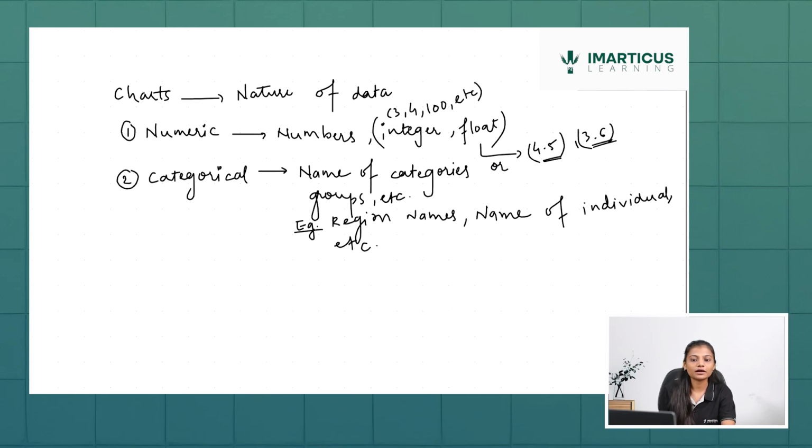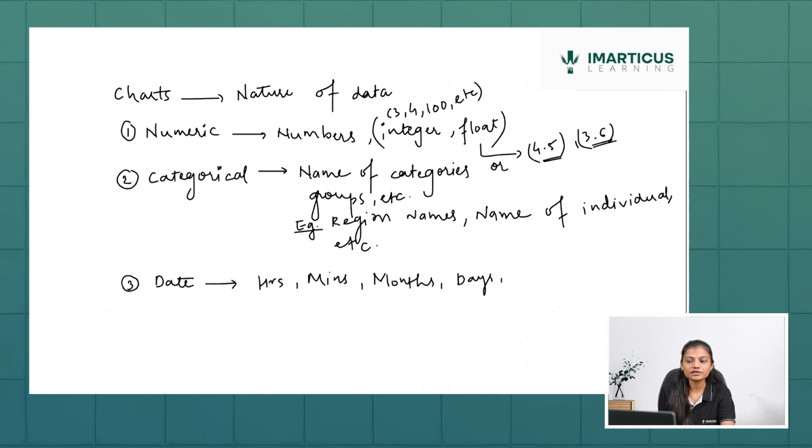And the third part would be that we have date related data. Now, date related data means the trends which are happening over a period of time. So date related data could be in hours, it could be minutes. It's not very frequent that you will get hours and minutes data, but obviously you will get months, days, years.